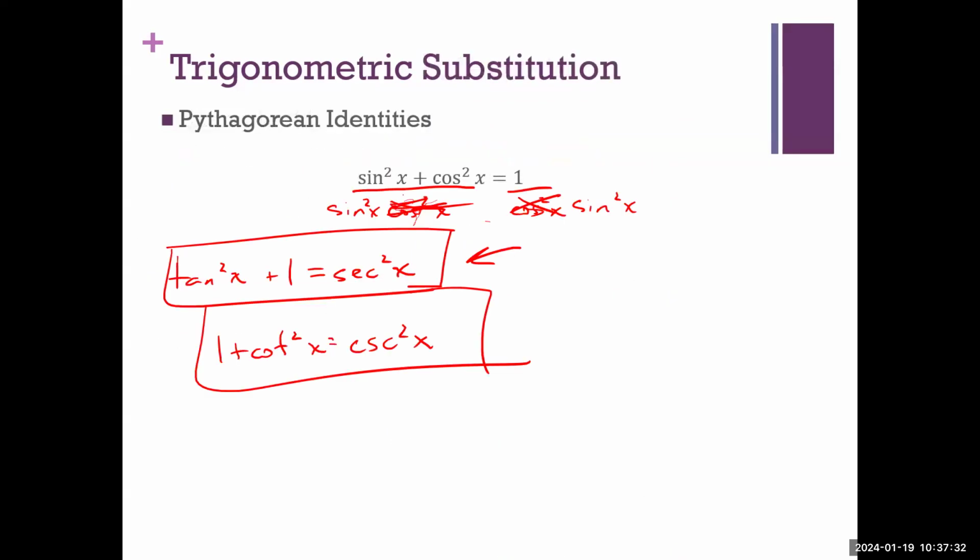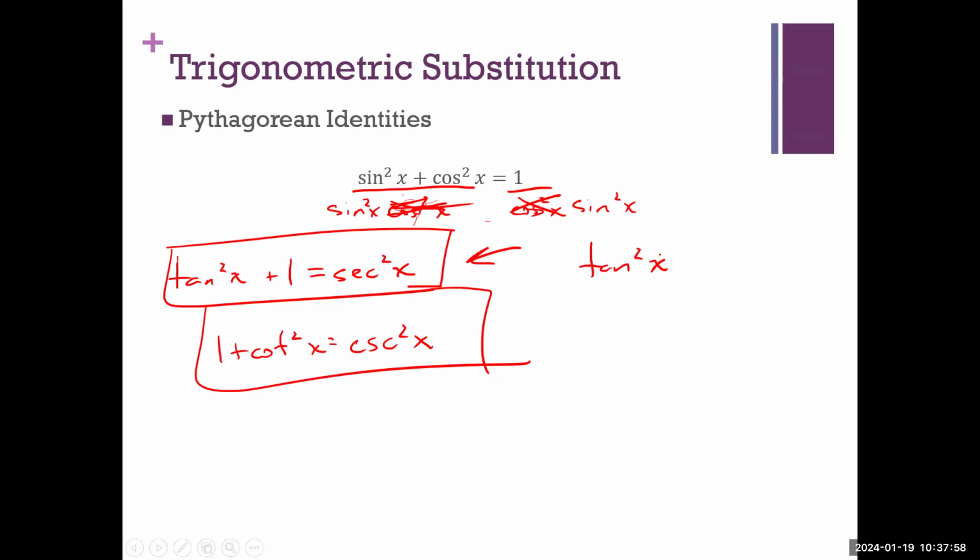So basically this identity here. If I have tangent to the 2nd power, I don't see the letters SEC written in there, but I can re-express that so that I am dealing with the secant function.